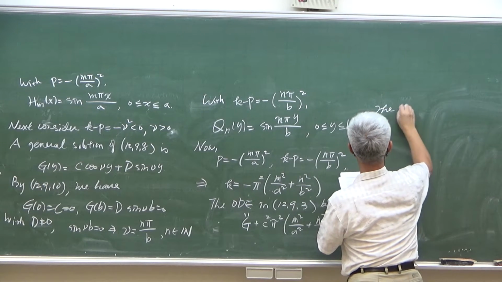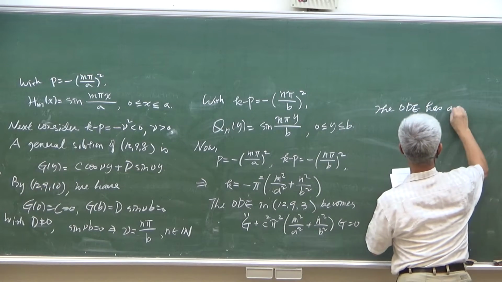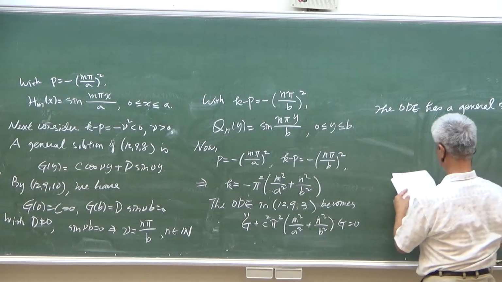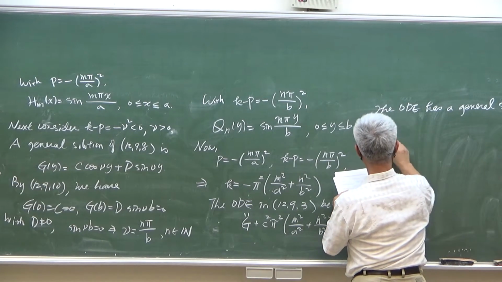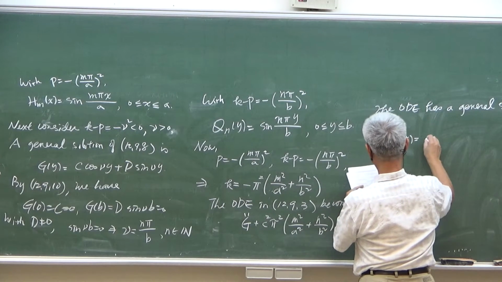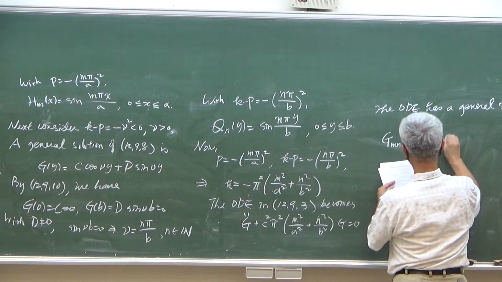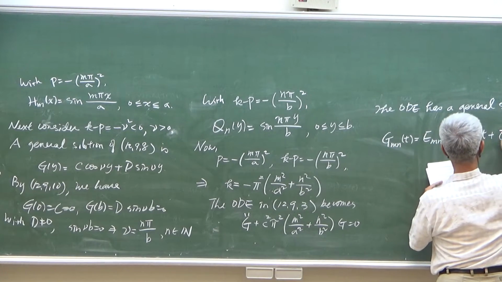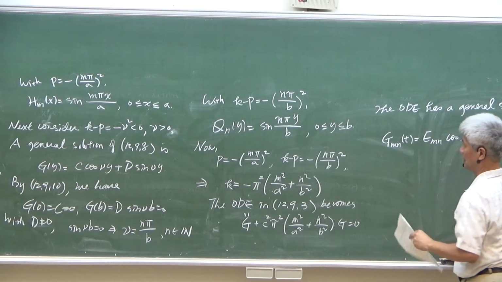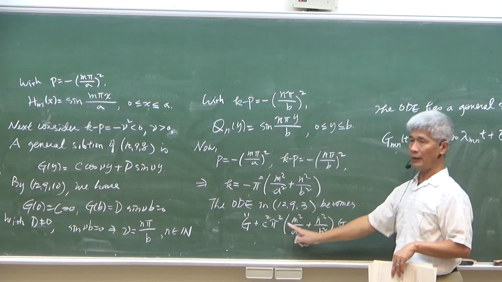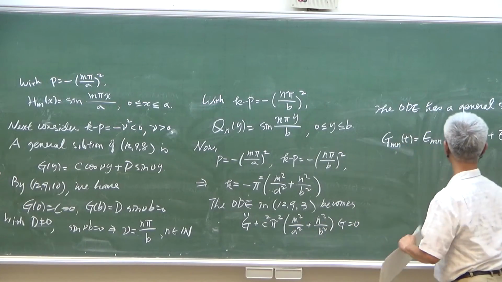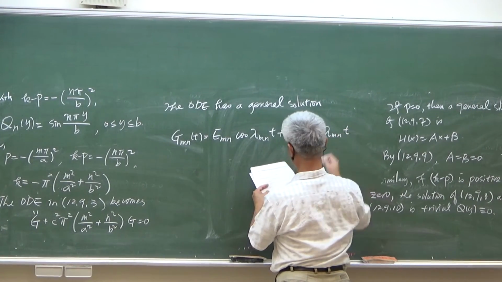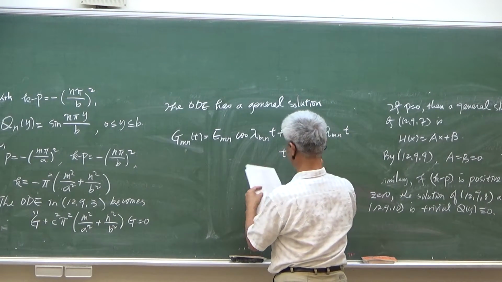So the ODE has a general solution. Okay, so the general solution is that g_mn of t is equal to e_mn cosine lambda_mn t plus e_mn star sine lambda_mn t, for t greater than or equal to 0. Why do we put mn? Because the parameter now is mn here.